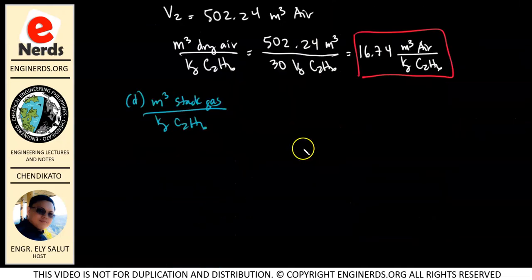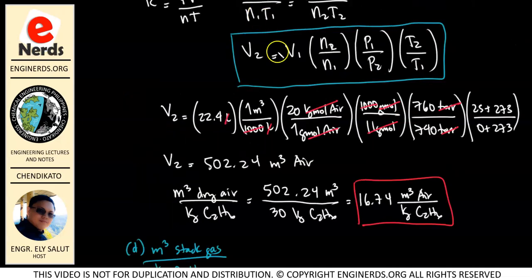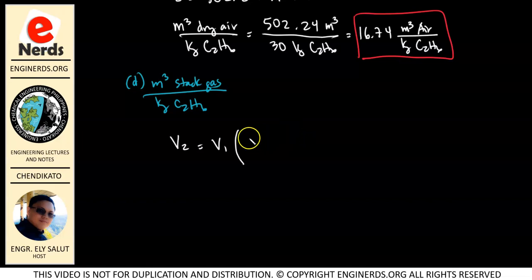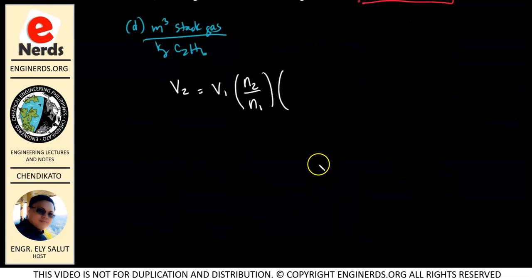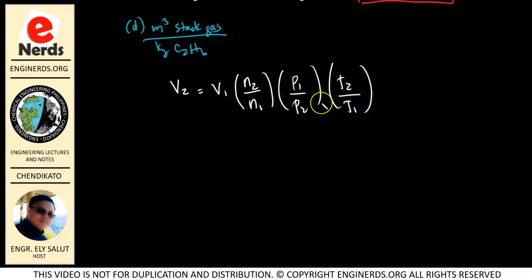So we have V2 is equal to V1 times N2 over N1 times P1 over P2 times T2 over T1. Okay, so what is our condition now?